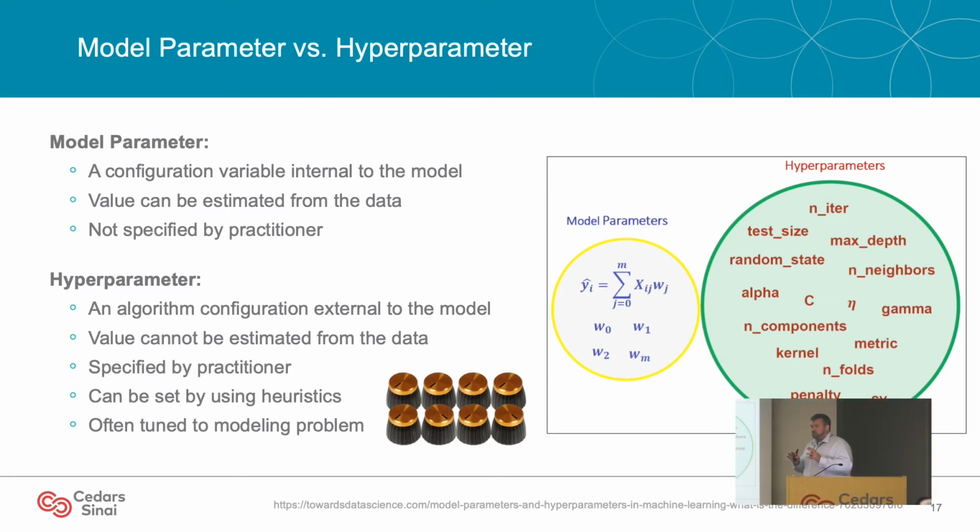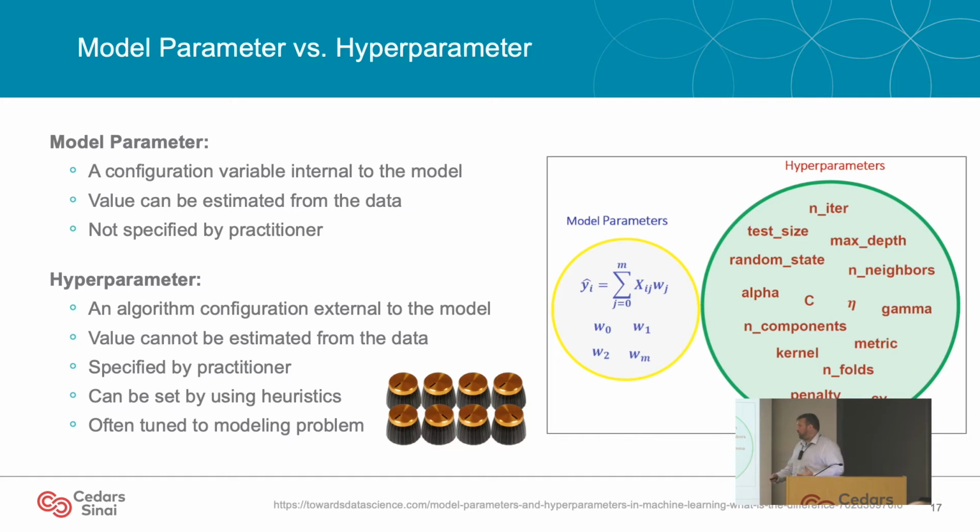Just to switch gears for a second, I do want to take this moment to separate out the distinction between a model parameter, which we just saw in logistic linear regression, and a hyperparameter, because this is going to be useful moving forward. A model parameter is a configuration variable that's internal to the model, like we just saw in linear regression. Its value can be estimated from the data, and it's generally not specified by a practitioner.